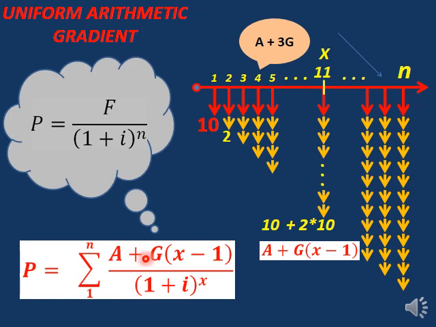We will let the calculator compute the sum of all of this expression while substituting 1 up to n for our x. So instead of using the long formula for the annuity and the gradient, we can use the simple formula for the computation of the present worth of the arithmetic gradient.